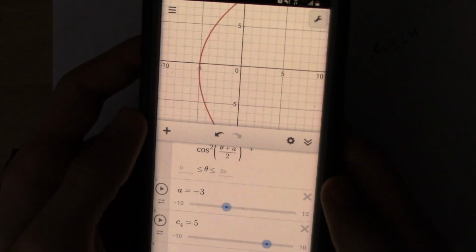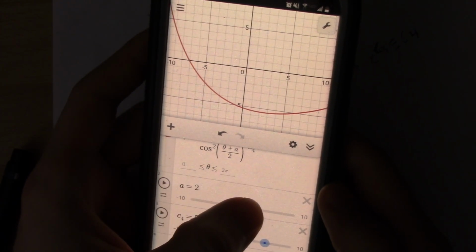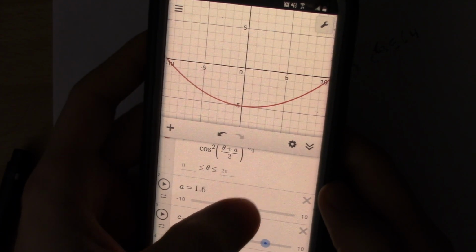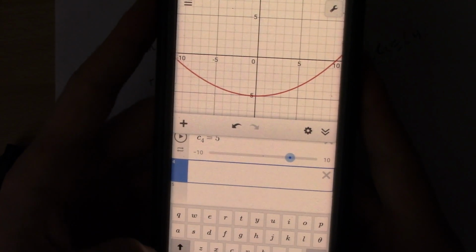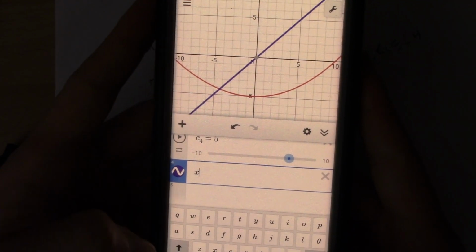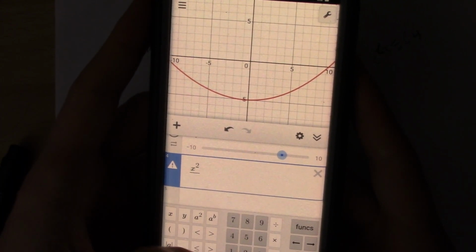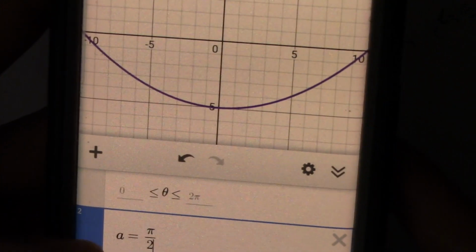And what shape is this? That's a good question. Can I prove it's a parabola? Maybe, but that shows it good enough.